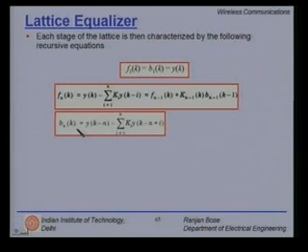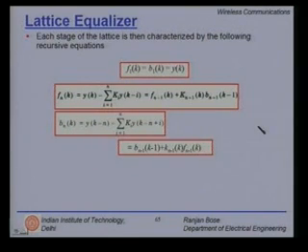Similarly, bnk is written as yk minus n minus summation i equal to 1 through n of ki yk minus n plus 1, again comes from the lattice structure. This can be written as bnk is equal to bn minus 1,k minus 1 plus kn minus 1,k times fn minus 1,k. Very simple relationship.